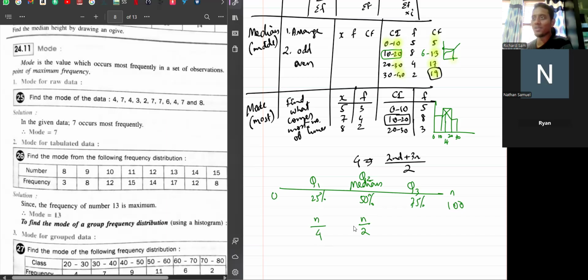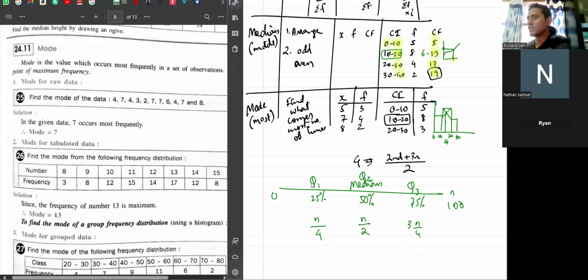You see, I did not look at even and odd over here, because when you have more than 20 or 30 values, you don't need to see even and odd because it will hardly make any difference. So you can just make it an even number and then divide it by 2, divided by 4. And for Q3, Q3 is 3 times Q1, so 3 times n upon 4. This will give you the Q1, Q2, and Q3.